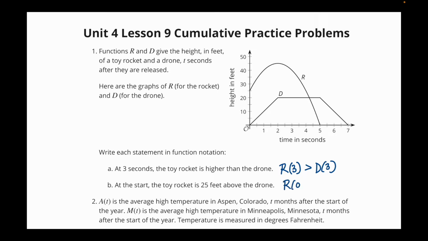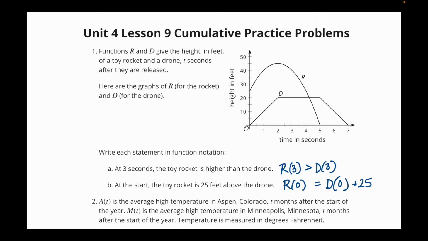And that would be at 0 seconds, it would be equal to the drone's height at 0 seconds. But this isn't the case. The toy rocket is 25 feet above the drone, so that means the rocket is higher up. So in order to make this actually equal, we need to add 25 feet to the drone's height in order to make them equal. And that's how you would write that.